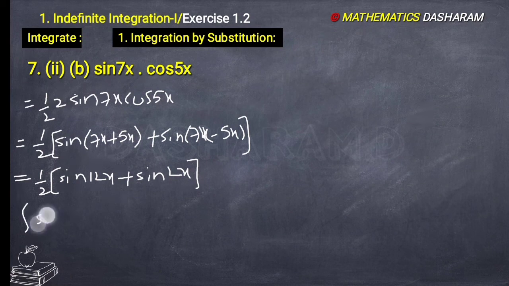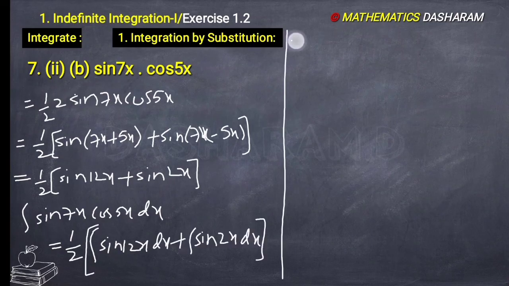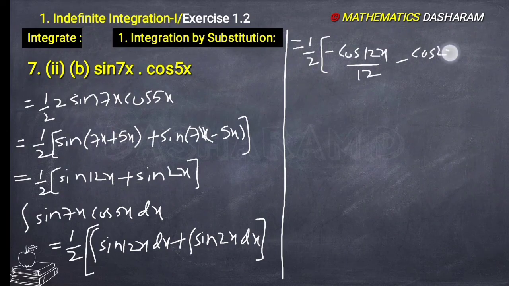Now integration of sin 7x cos 5x dx is equal to integration of 1/2. Apply the integration for each term separately. It is equal to 1/2 into [integration of sin 12x is −cos 12x by 12, next to −cos 2x by 2] plus c.